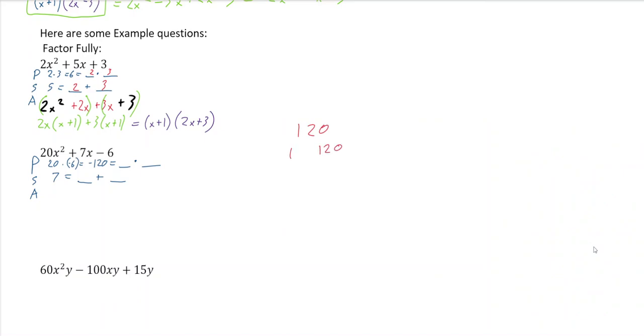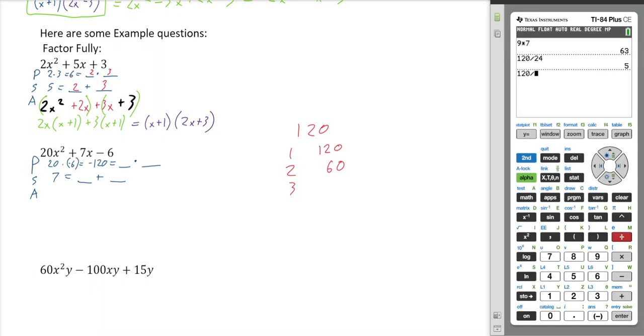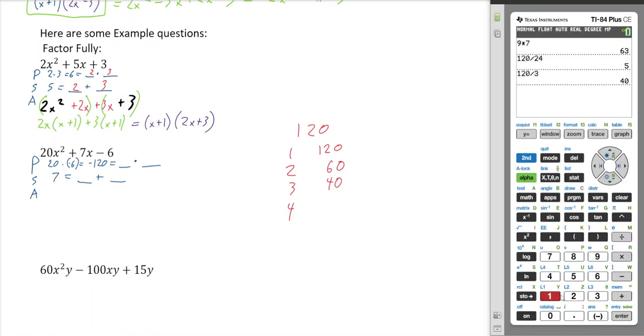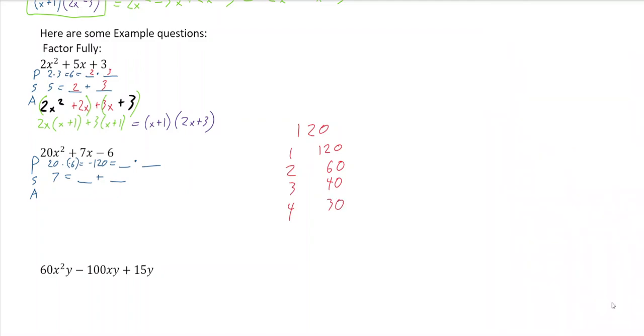And when it's a big number like this, it makes it more complicated, but 2 and 60, that's definitely not right. 3 and 40, that's definitely not right. 4 and some other big number, that's definitely not right. 5 and... nope, not 20, it'll be 24.